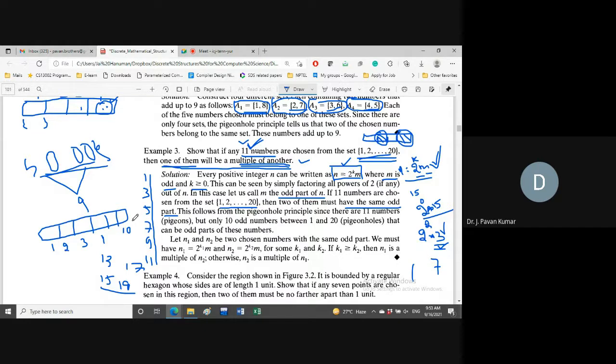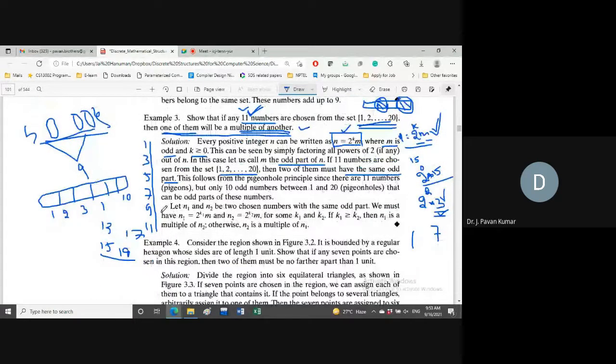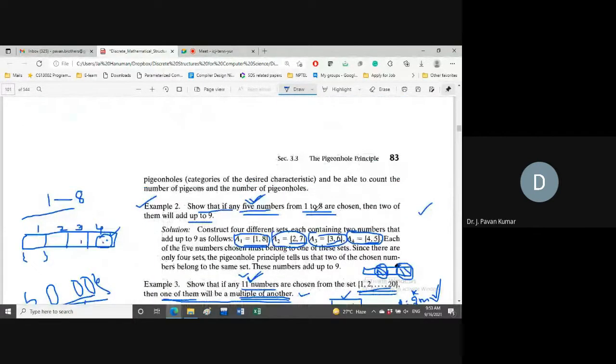Shall I repeat once? Yes, sir, please repeat. Earlier we considered the numbers 1 to 5. There, the pigeonholes were a1, a2, a3, a4, and whatever number we chose, we placed it into the pigeonhole containing it.